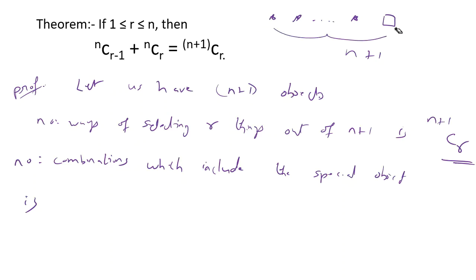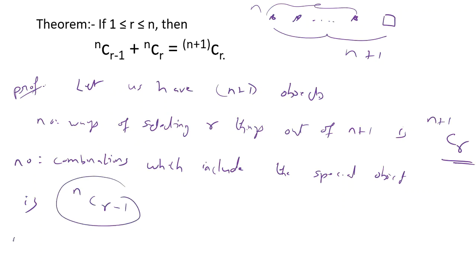I repeat, if I already include this special object, I have to select r minus 1 objects from the remaining n objects. In total I have n plus 1 objects, so the remaining objects are n. I can do this in n choose r minus 1 ways. This is the total number of ways of selecting r objects in which this special object is always there.